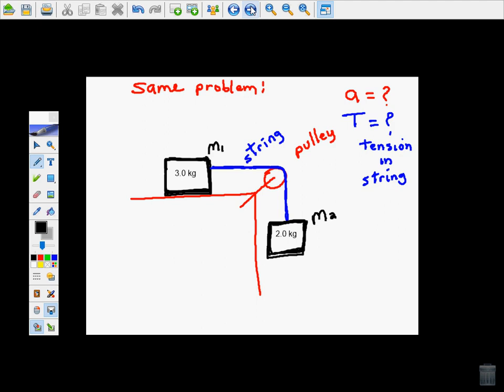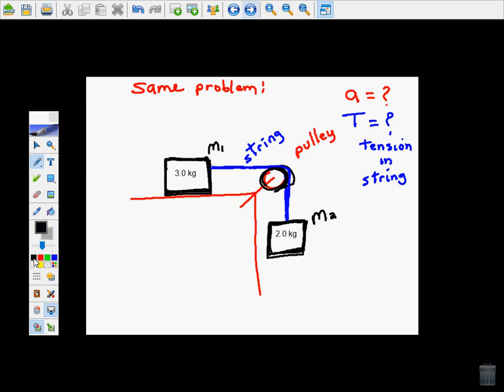But now we're going to make it more realistic, and we're going to say that this pulley right here is a cylinder, and it's going to add rotational sluggishness to the system.